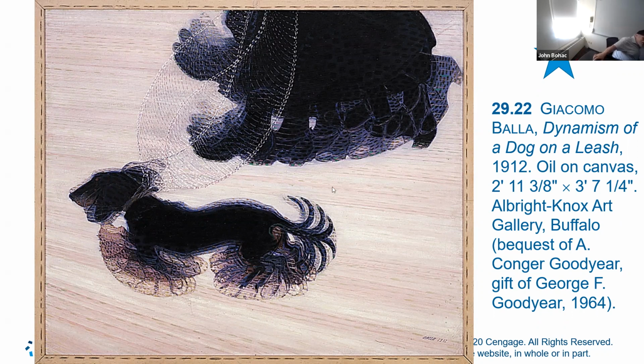And so many of the titles, you'll see some form of this: dynamism, dynamic, etc. And so that's really what this was trying to portray: movement, dynamism, if you will, on a surface that was by its nature static.